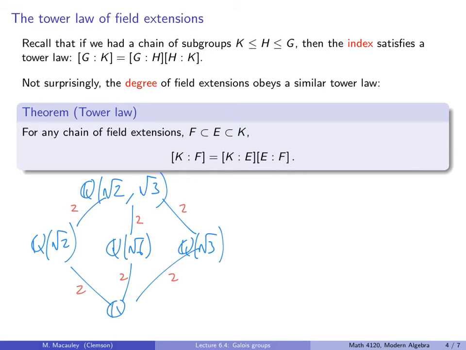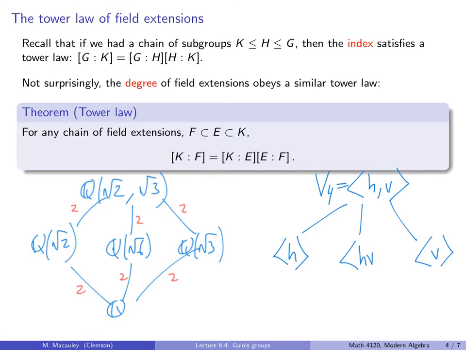Now the Galois group of this field is isomorphic to V4. So let me write V4, which is generated by H and V. And the subgroups of V4, there are 3 of them that are non-trivial: the subgroup generated by H, the subgroup generated by V, and the subgroup generated by HV.